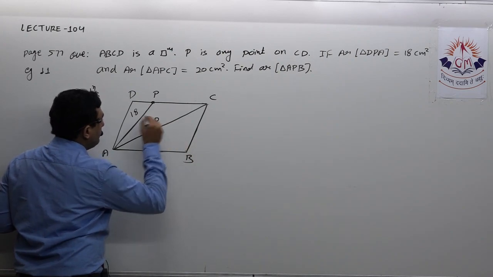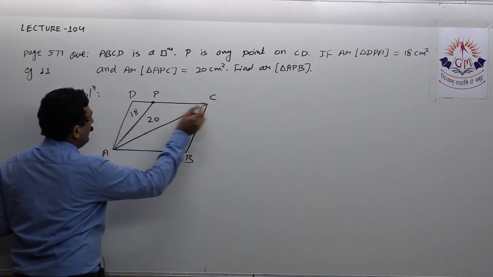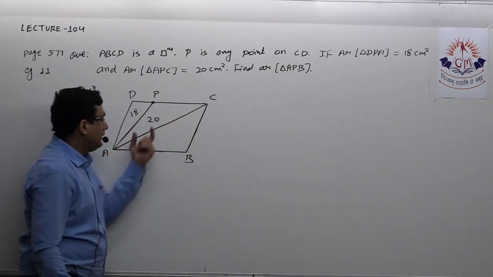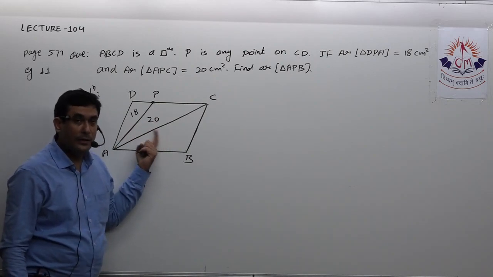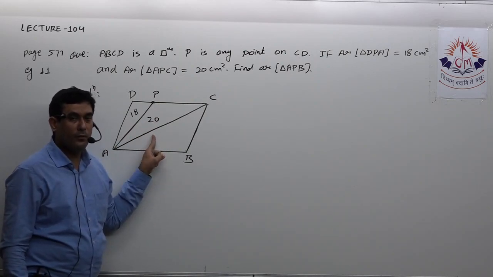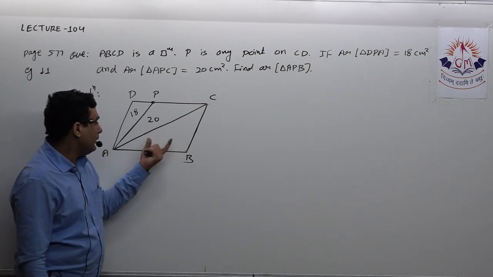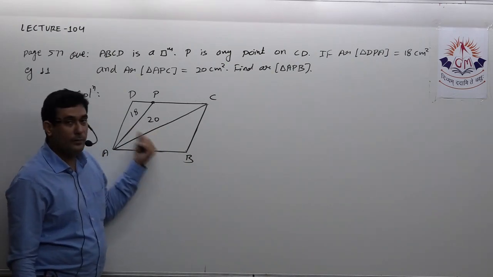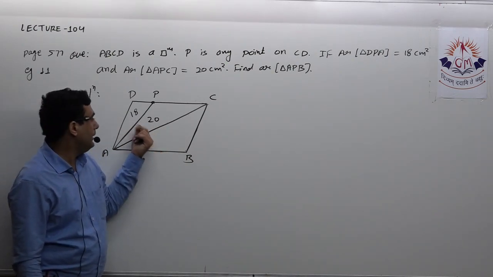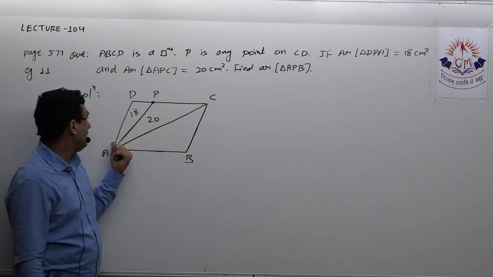It is 20. Now if I add these two, I will get area triangle ADC, and you can see this ADC is one of the triangles made by the diagonal, and we also know that diagonal of a parallelogram divides it into two triangles of equal area. That means area of parallelogram ABCD will be equal to twice of this area triangle ADC.